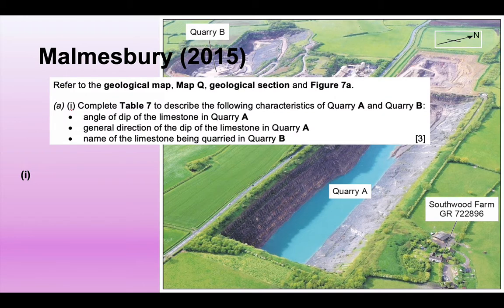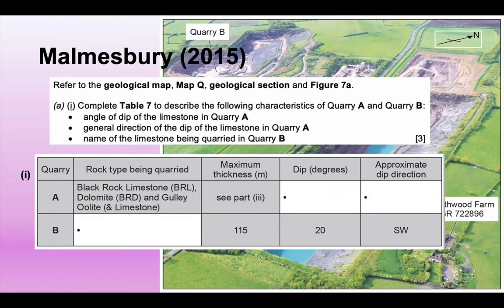So the first question, just to get us to look at the map, is to complete the table to describe these characteristics of quarry A and quarry B: the angle of dip, its direction, and the limestones that's actually being extracted. This is our table, as is common for tables that are given in these exams.